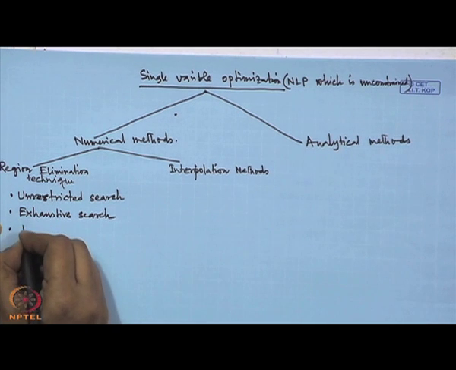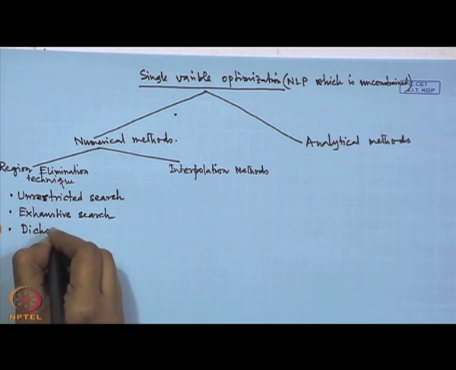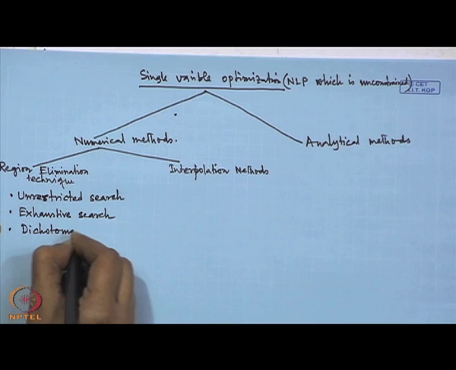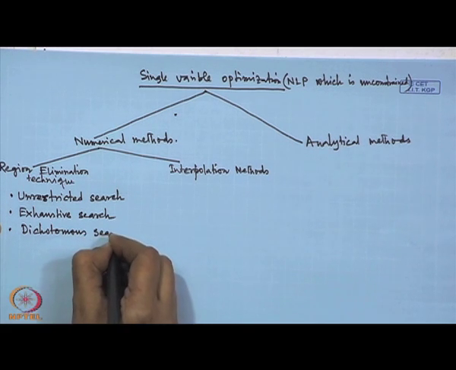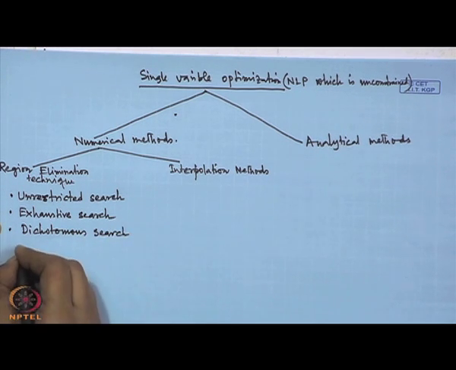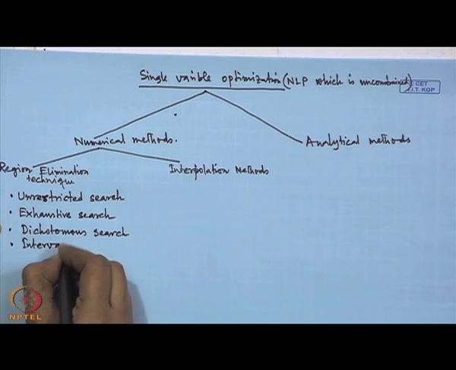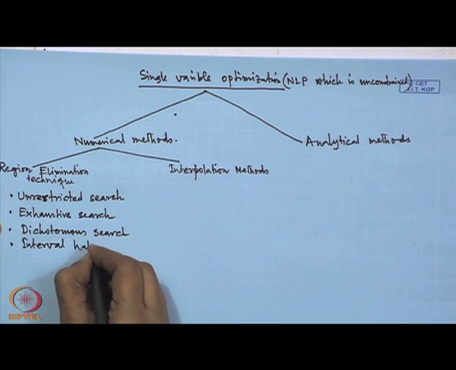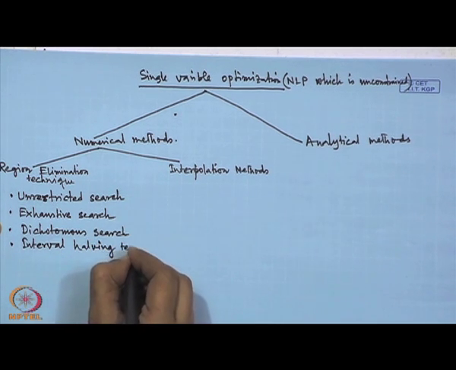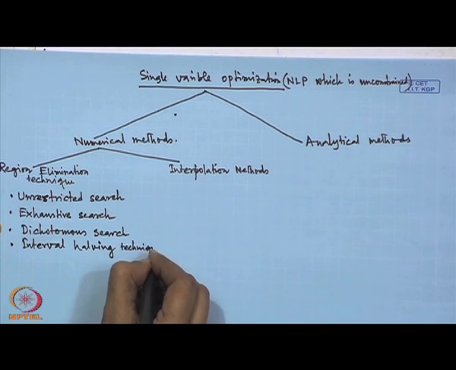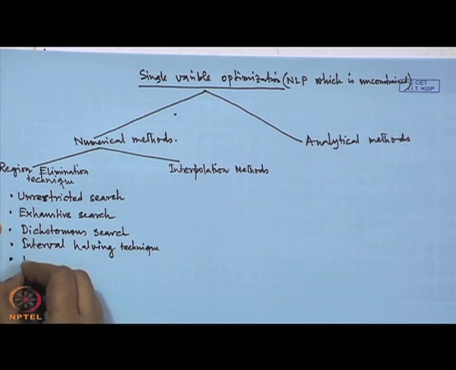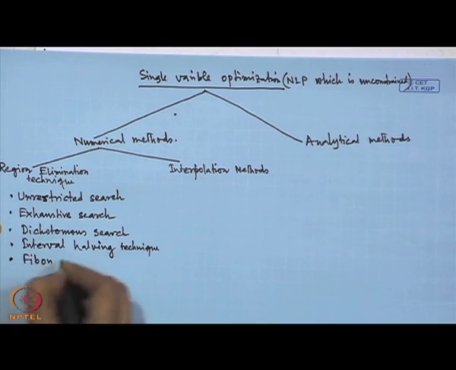The next one is the dichotomous search. Next is the interval halving technique or bisection. Next is the Fibonacci method.